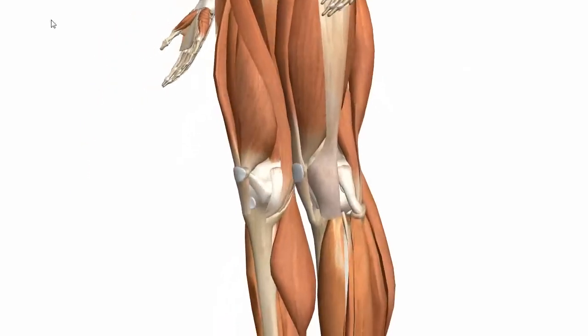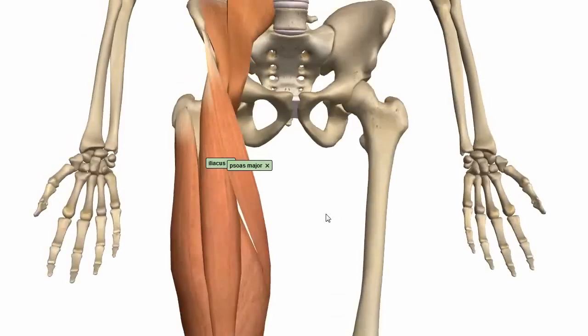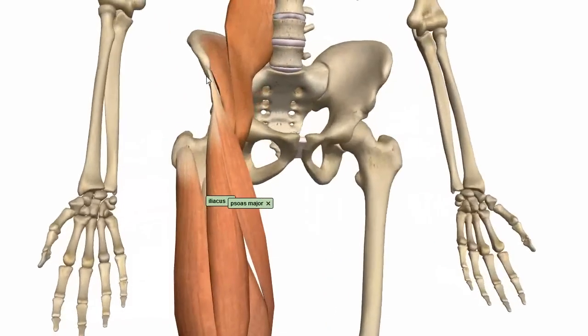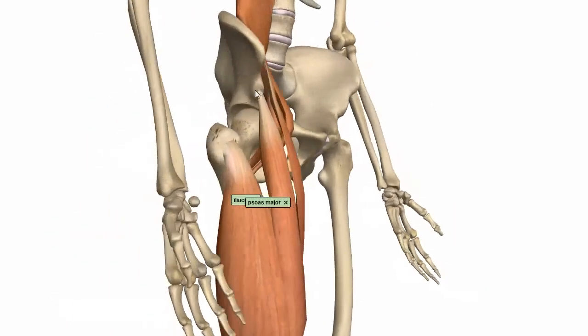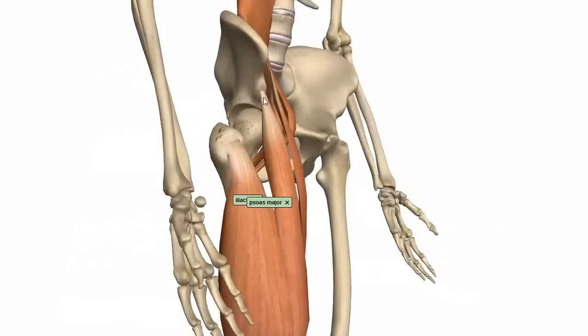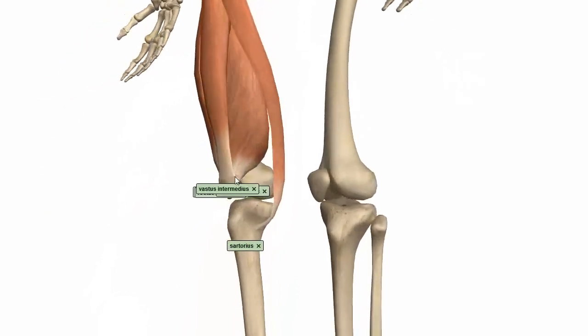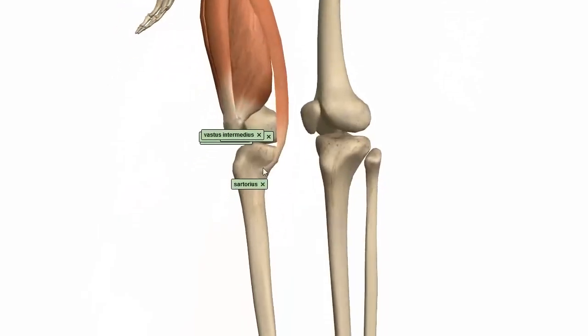I'll take a look at it more isolated. You can see the anterior superior iliac spine here where the sartorius muscle originates, and just below you've got the anterior inferior iliac spine where the rectus femoris muscle originates. The sartorius winds round obliquely, descending along the thigh to insert on the medial surface of the proximal tibia.